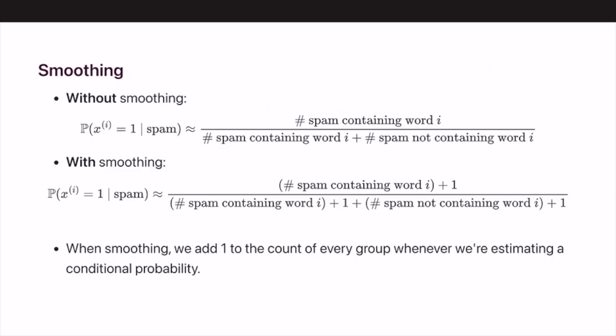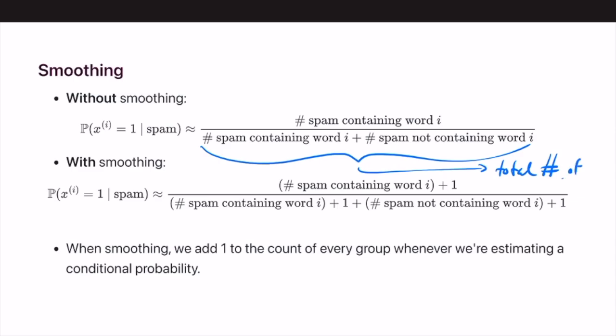Remember from the smoothing lecture that this component right here is our total number of spam emails, and we're always adding +1 to the numerator, but we add a +2 for each feature.